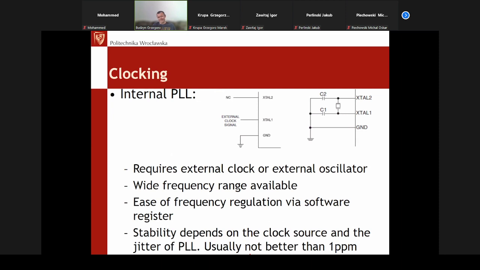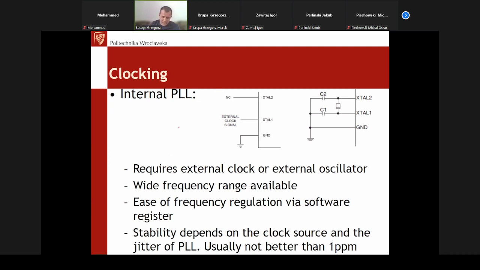So a much simpler, cleaner solution today is to generate a base 8 megahertz clocking with a stable crystal oscillator, and then multiply this clocking with an internal PLL. So that's the way we do it today.